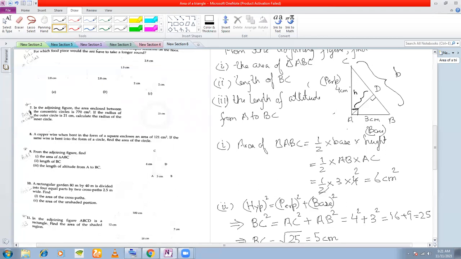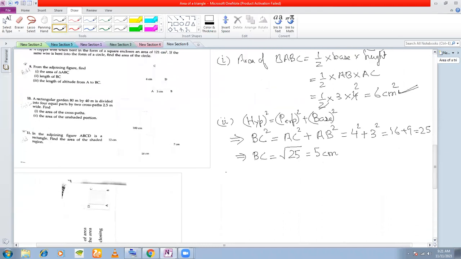Now you already know the area, right? What is the area we have found out? 6 centimeters square. So this area, half into B into H, must be equal to 6 centimeters square, right? So remember, if I consider AD as the height, BC becomes my base.